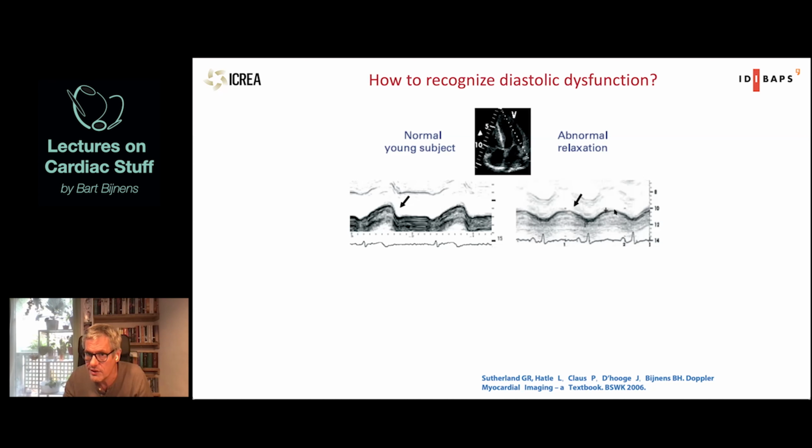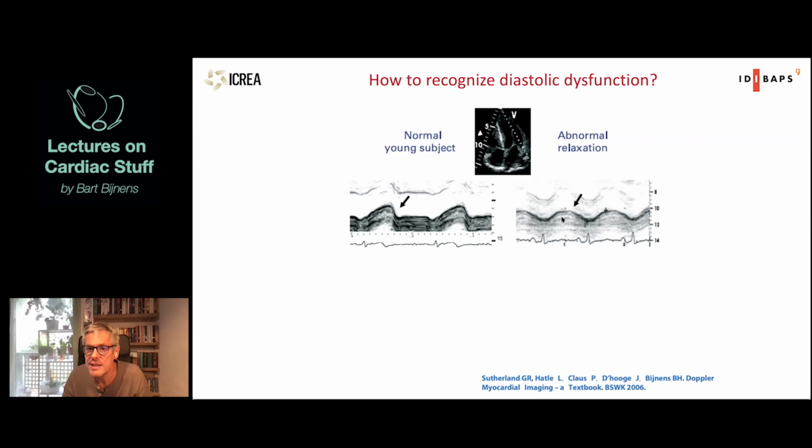So we have a long flat period here. That means that we have a very long isovolumic relaxation time, because the ring is not springing back. And then the ring is springing back during filling. But the velocity at which it springs back is even slower than the contraction phase, which is very abnormal, because normally this should be much faster than the contraction. Here in this patient, it's much, much slower. And we see that there's no diastasis period, because here we already have atrial contraction.